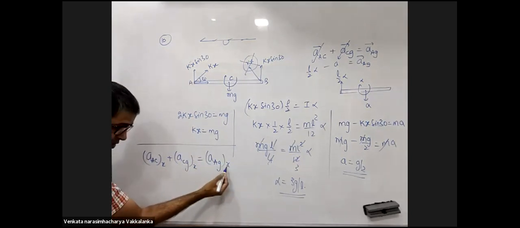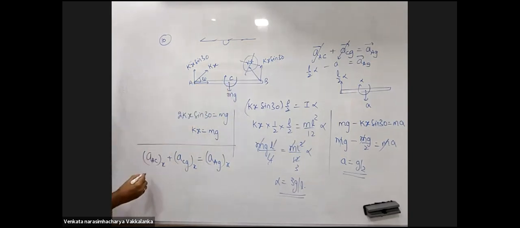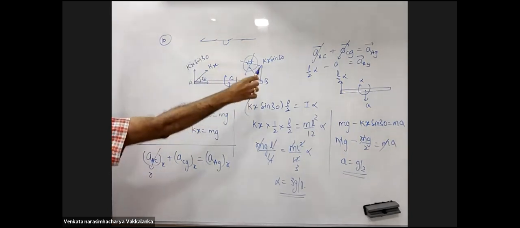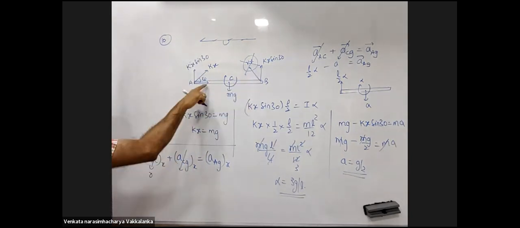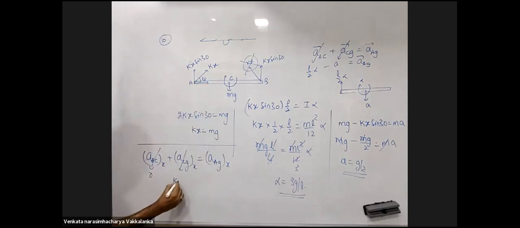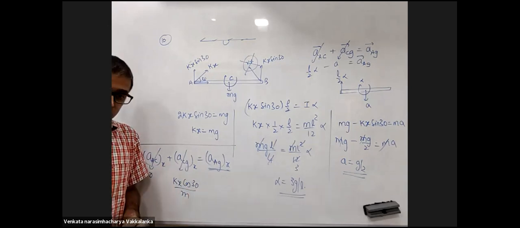You are telling me this is 0, that's wrong. Acceleration of A with respect to C along x-axis is 0 because L by 2 alpha is upwards. But this is not 0 because there is kx cos 30 divided by m. This is the acceleration of A with respect to ground along x-axis.